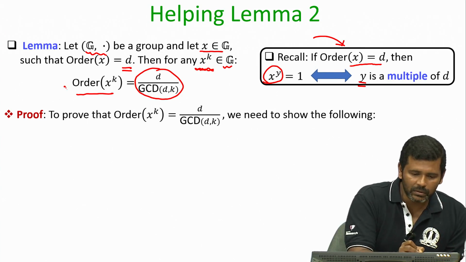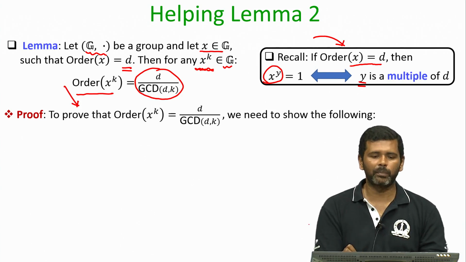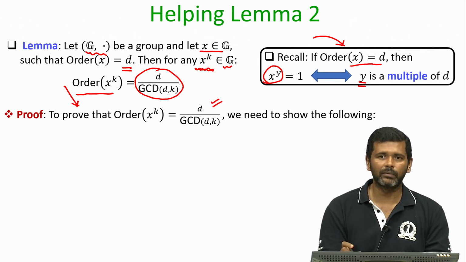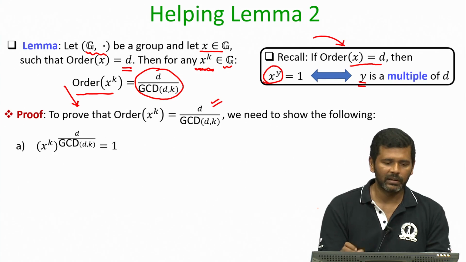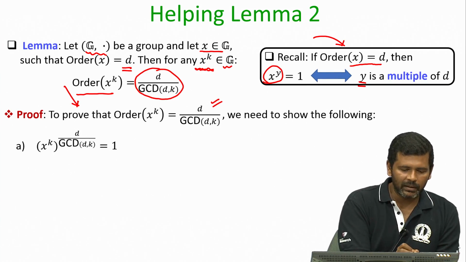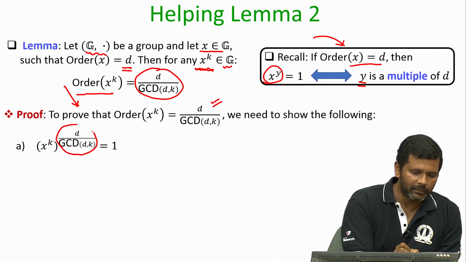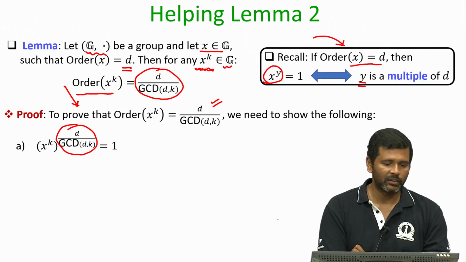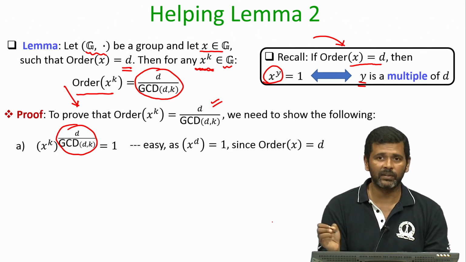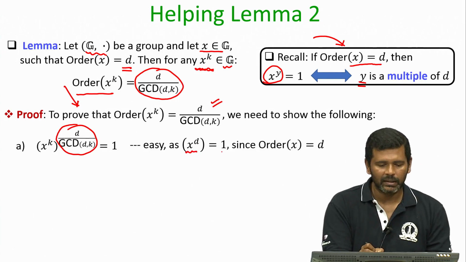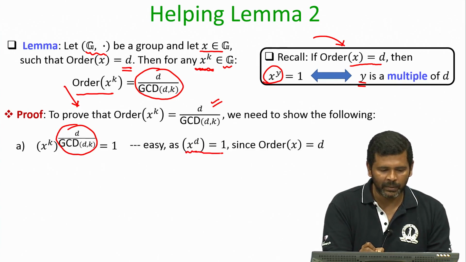Now, my goal is to show that the order of x power k is this value, and for that we have to prove two things. The definition of order is you have to prove that if you indeed compute this power of the element x power k, you will get the identity element, and that is trivial to prove, because since the order of x is d, that means x power d is the identity element.